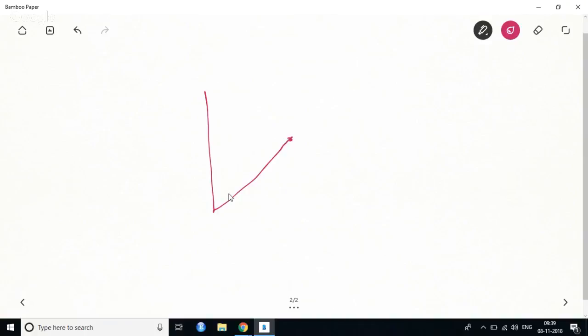I explained that you take this as theta 1 and this as theta 2, and my formula changes to mu naught by 4 pi, I by d.